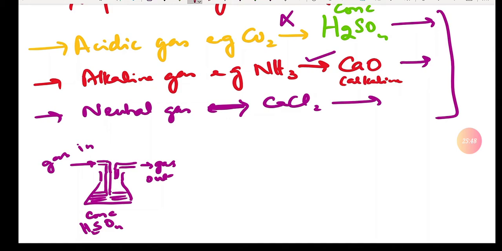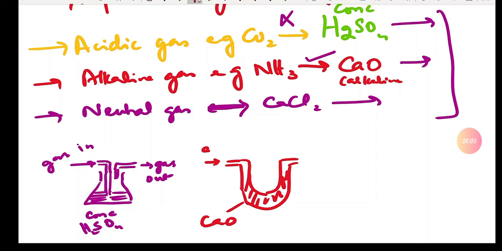For alkaline, we have gas in and the drying agent is filled here. That can be calcium oxide, gas in and gas out.